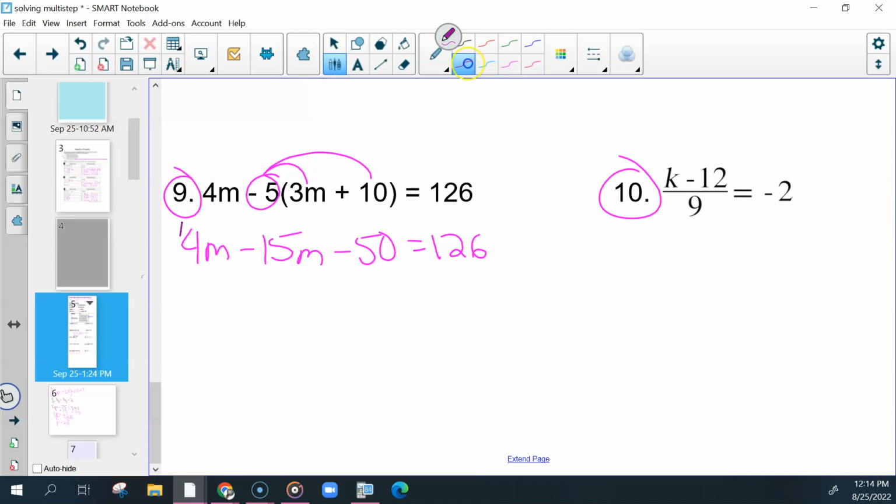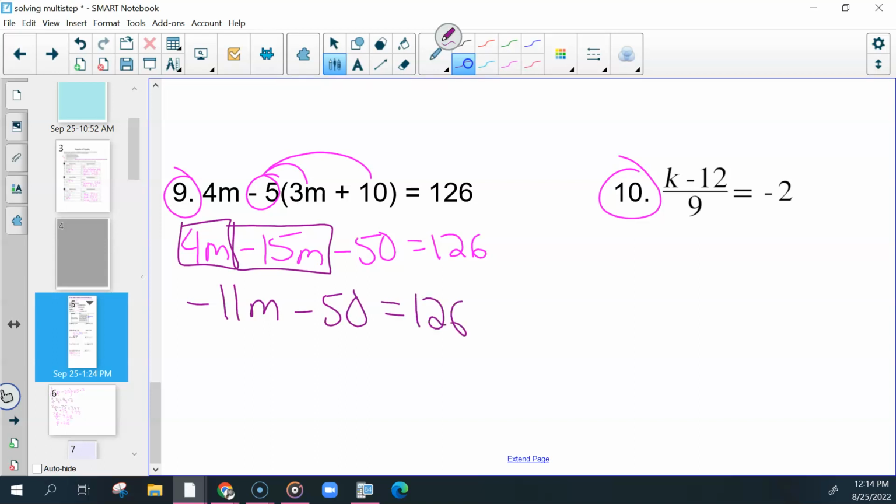Yes. So we got the 4m, we got the negative 50. So if we combine those, we're not doing opposite when we combine. We're doing whatever it says. So here it says 4m minus 15. We're going to do exactly that. So negative 11m. The only time we do opposite or inverse operation is if we're moving something to the other side.